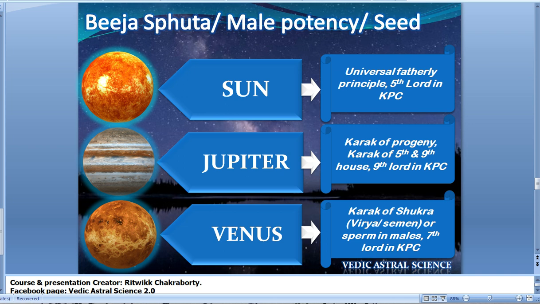Because the ninth house is the fifth from the fifth house, we can trace the information about the birth of children from the ninth house also, from the fifth house as well as from the ninth house. Apart from that, Jupiter is the Karak planet of both the fifth house and the ninth house.